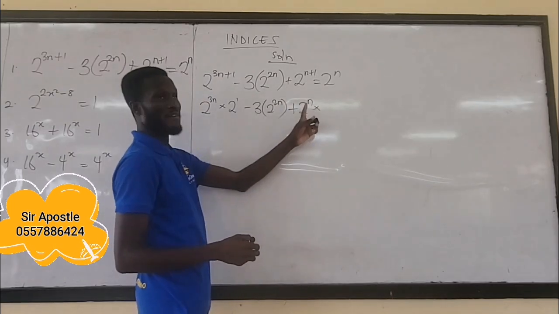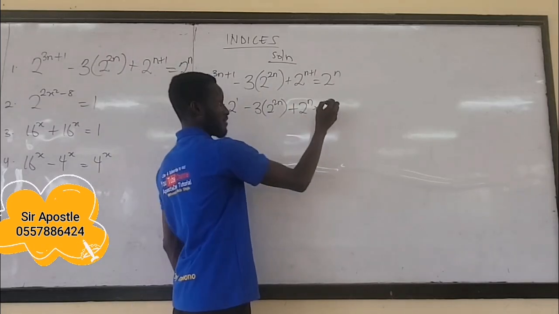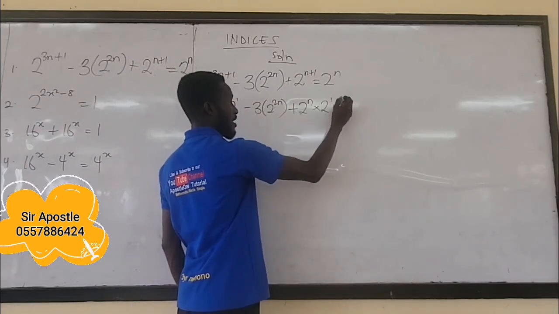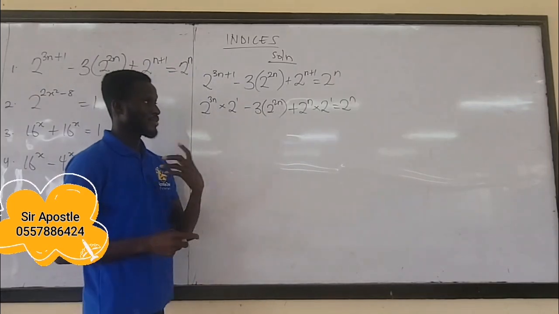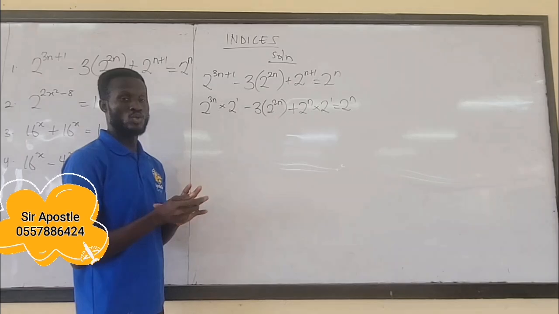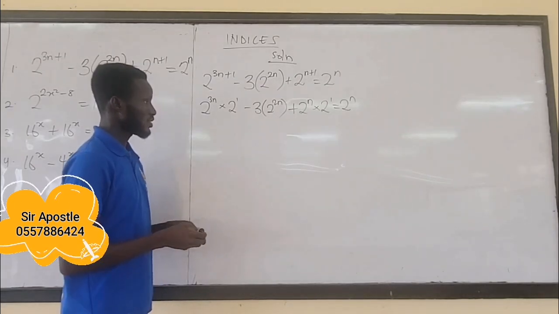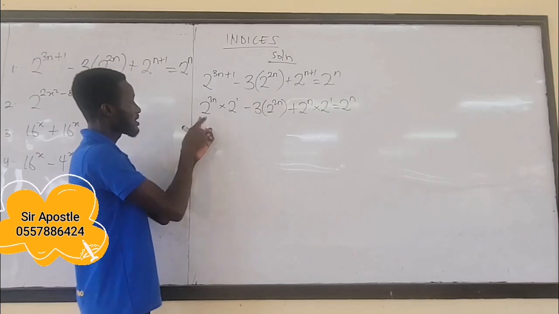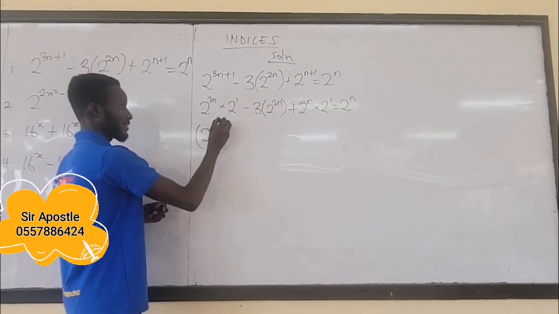This one also means that we have another base having an exponent of 1, and that addition means multiplication of bases. So 2 exponent 1 times 2 exponent n. From the previous video, what we did was substitute so that it will make the calculation very simple. So if we want to do the substitution, what do we do? This one is the same as 2 exponent n all exponent 3.